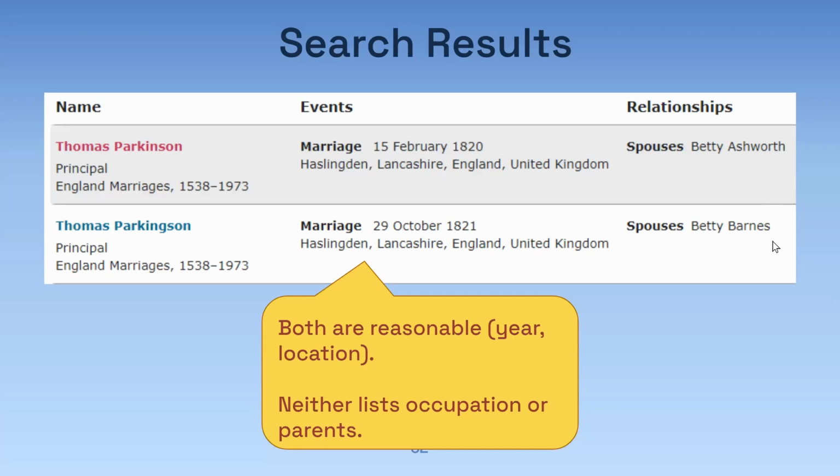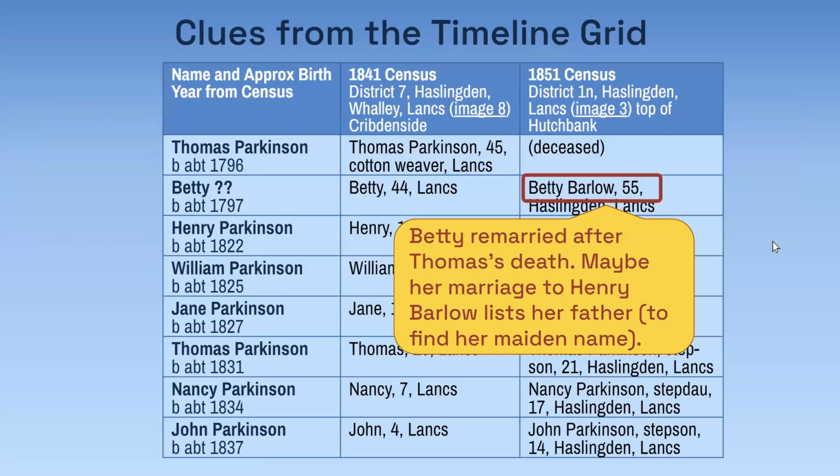So we've got a really cool clue here, and that is that Betty remarried. Why this is a cool clue is that those early marriage records back in the 1820s in England often didn't list the occupation or the parents or anything that would help us identify that person.